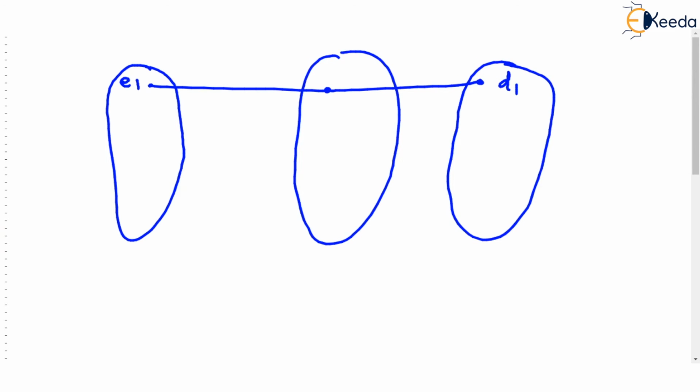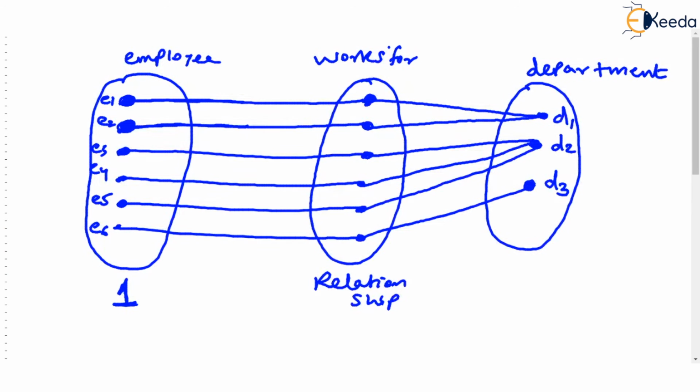And E1 works for D2. You cannot have multiple lines coming out of any element of employee set because that's the requirement given by the client that every employee must work exactly in one department. So this is one side.